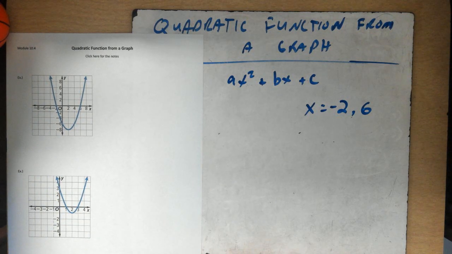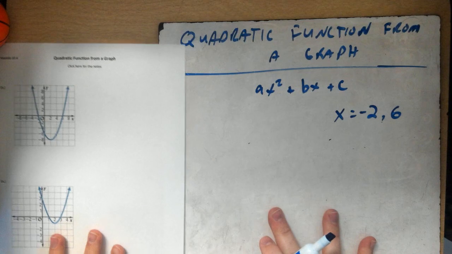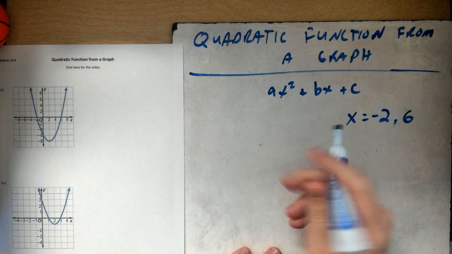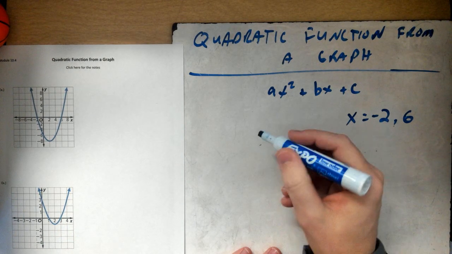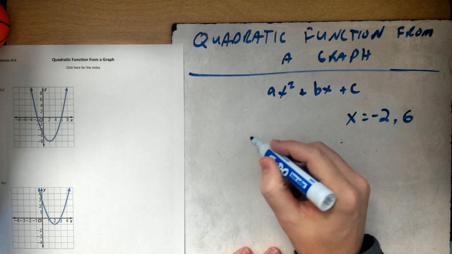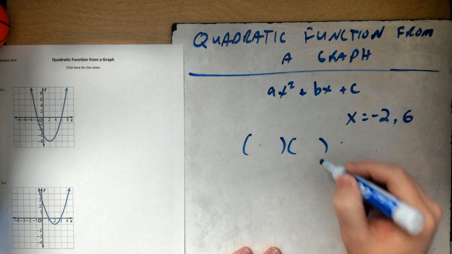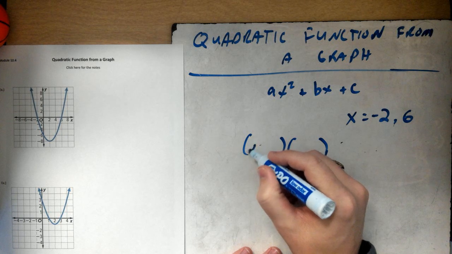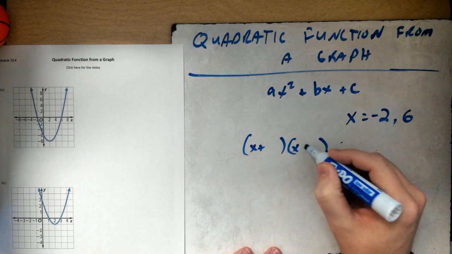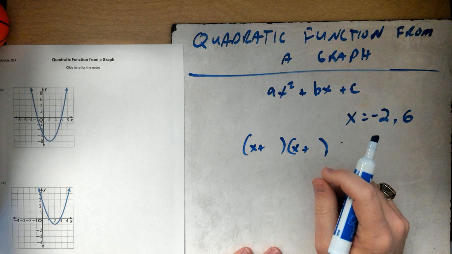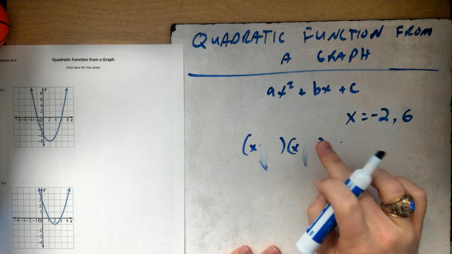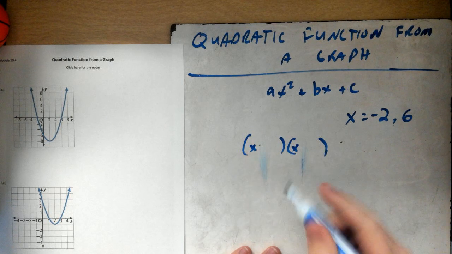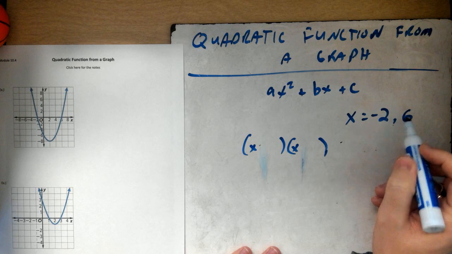So now, to set this up, we're going to use this equation here, okay? We're going to have 2 sets of parentheses. What we're going to do is look at our x-intercepts here, -2 and +6, right?